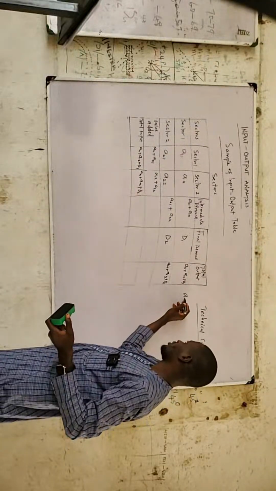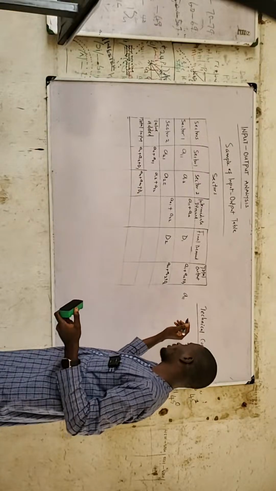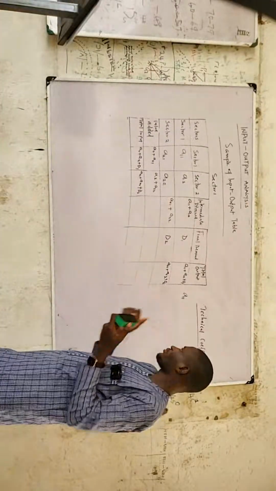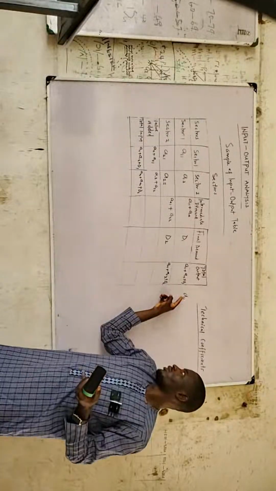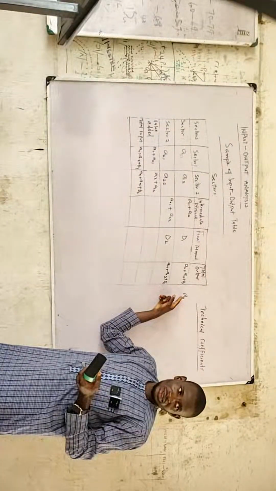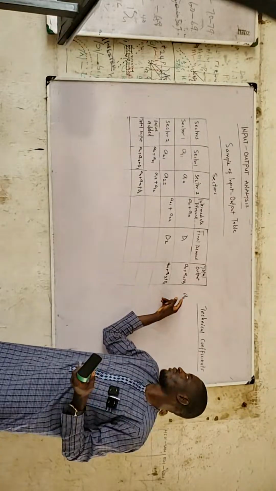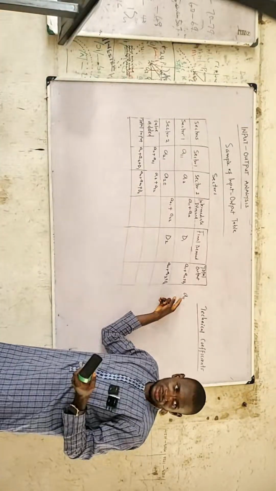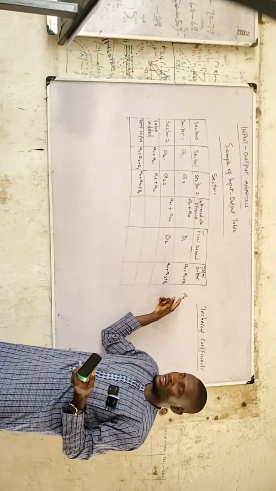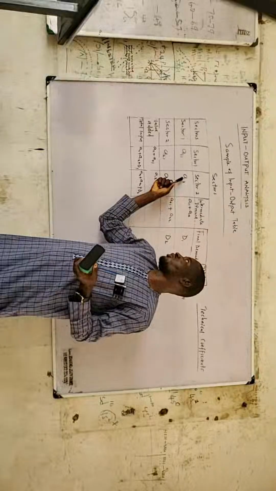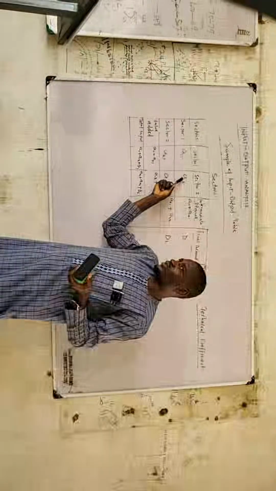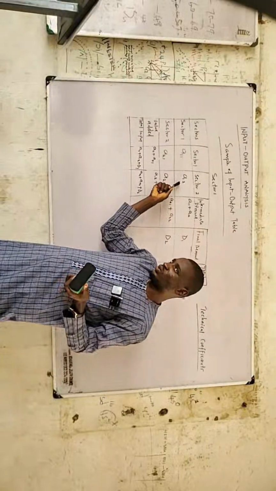For A11, this thing means unit of output in sector 1 used as input in sector 1. That is why it is A11. This one means unit of output in sector 1 used as input in sector 2.